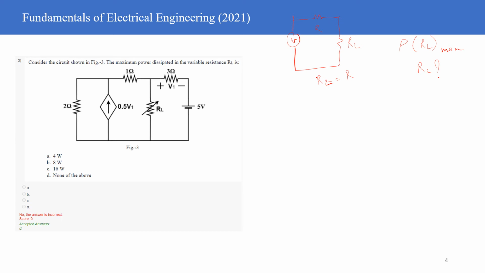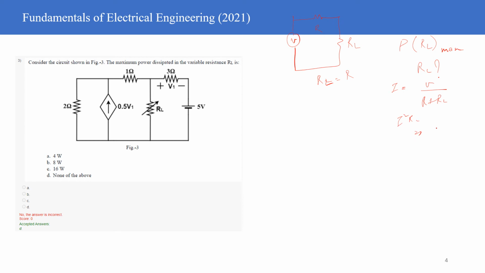This is something which you will be covering in your first year of electrical engineering. Now, why is this so? You can write the current equation as I = V divided by (R plus RL), right? And you know that power dissipation is nothing but I squared into RL.